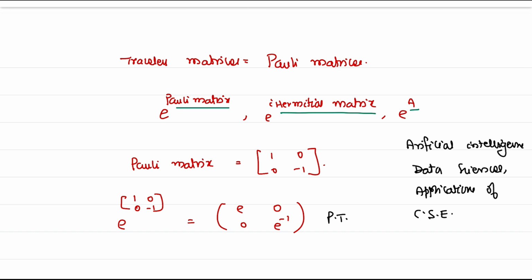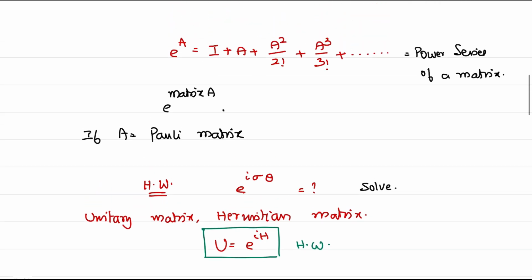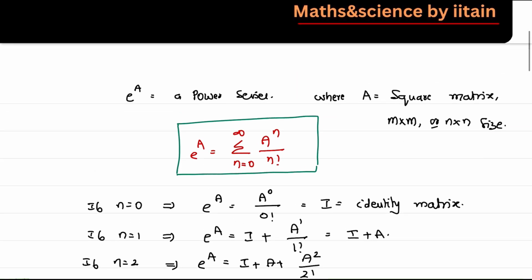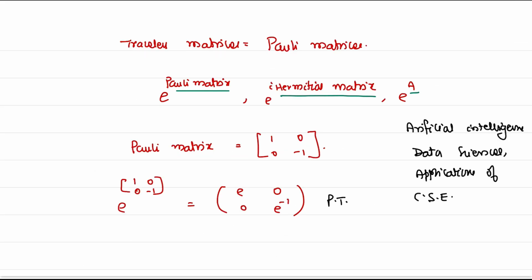This is a little bit advanced topic. The meaning of matrix as a power series is also a good meaning, and from this we can go for diagonalization of the matrices, which is one of the very important and advanced topics for computer science engineers and also for data science engineers.